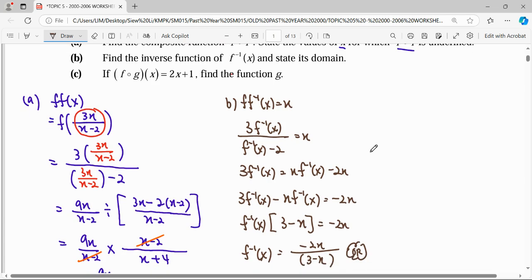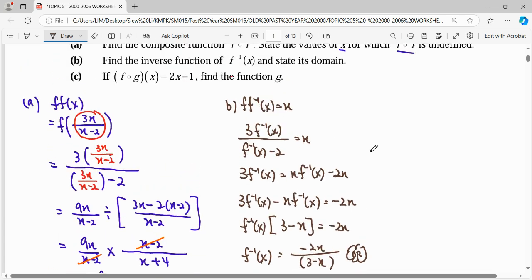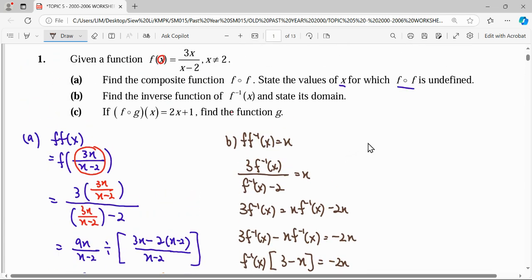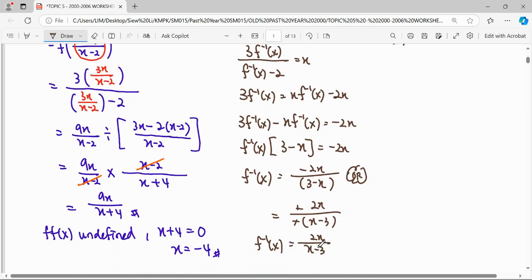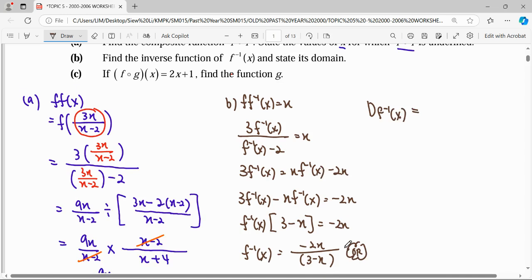Then we want to state the domain. The domain of the inverse function, we will refer to the range, or you can read it directly also. For the domain of the inverse function, you can see the denominator will not equal 0, so x will not equal 3.